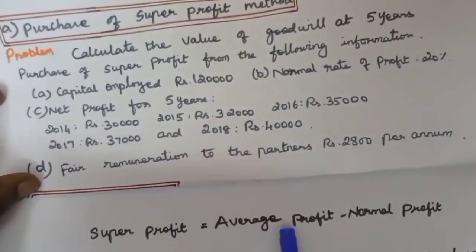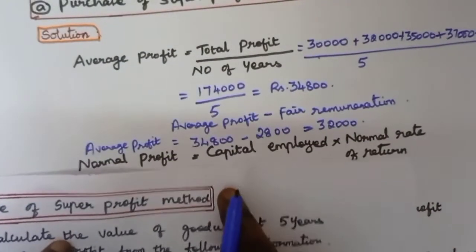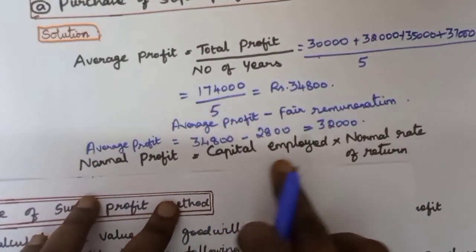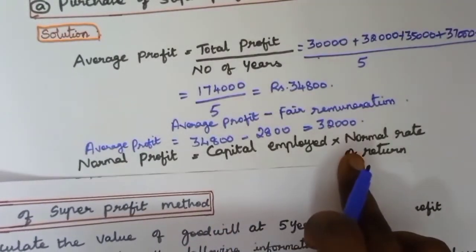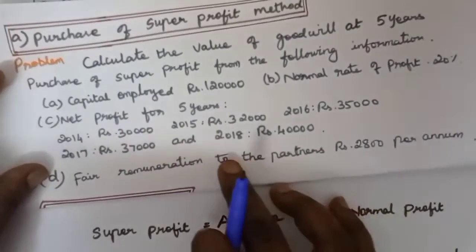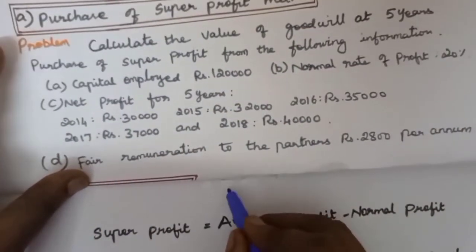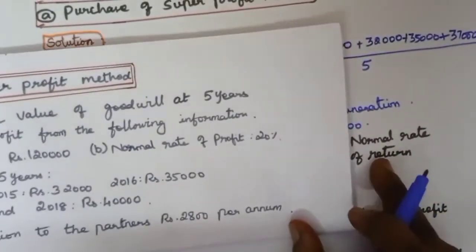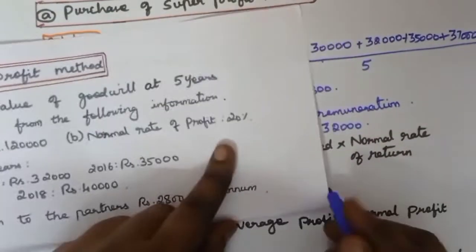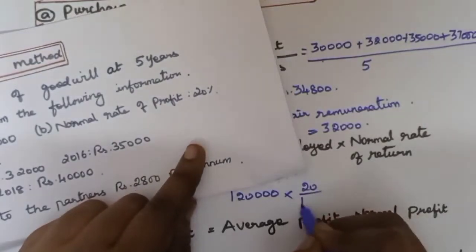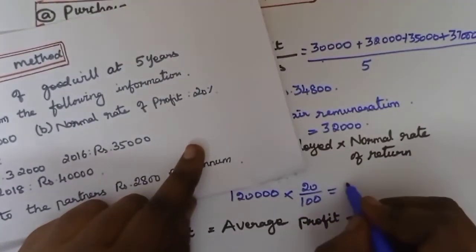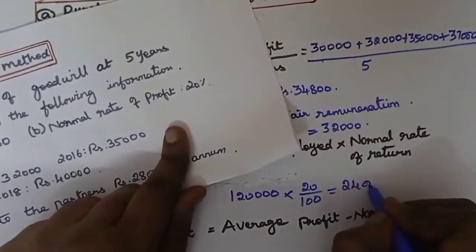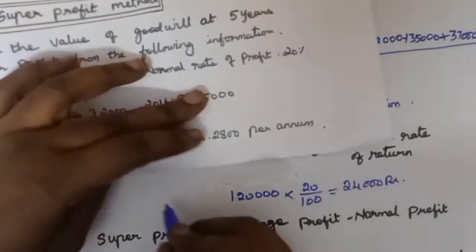Super profit is equal to average profit minus normal profit. Next, we have to find out normal profit. Normal profit is equal to capital employed into normal rate of return. Capital employed 1,20,000 and normal rate of return 20%. So how much will we get? Rupees 24,000 normal profit.